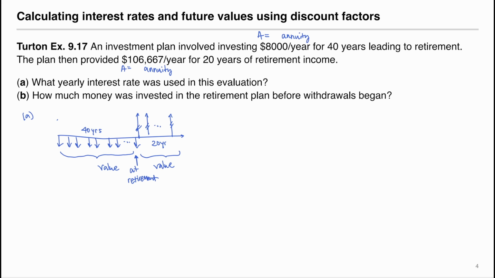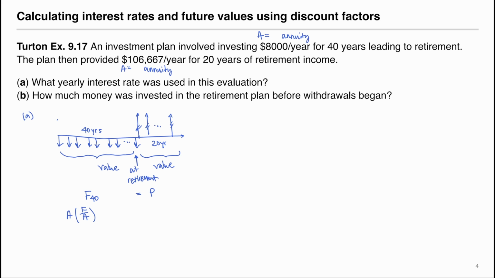So that translates into the future value at 40 years of all this money you invested being equal to the present value of the annuity that you will get after your retirement. And to do that, the future value of the 40 years of annuity can be calculated as the annuity times its discount factor, F over A. The discount factor can be found in table 9.1.